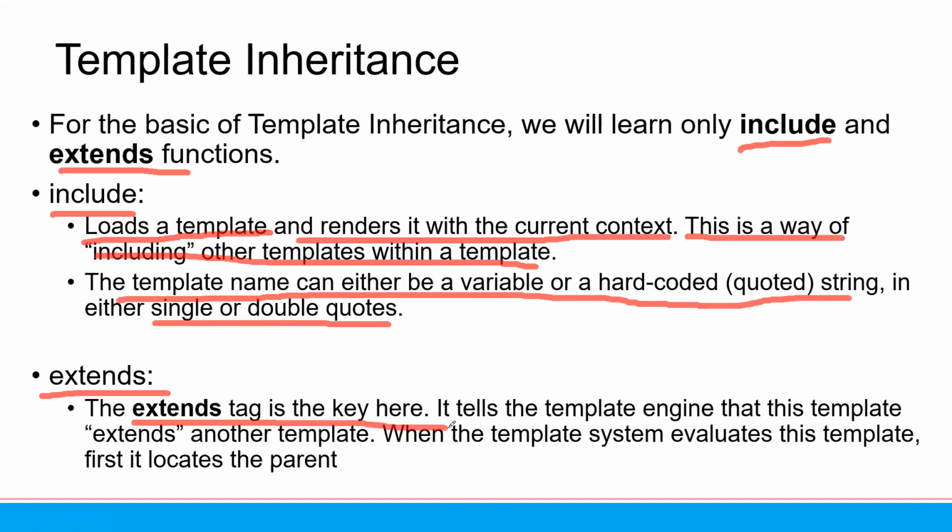The extend tag is the key here. It tells the template engine that this template extends another template. So when the template system evaluates this template, first it locates the parent. So we will learn these two, include and extend.